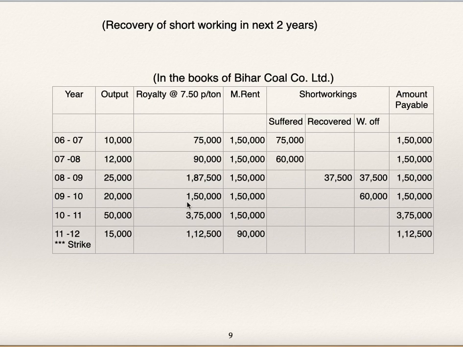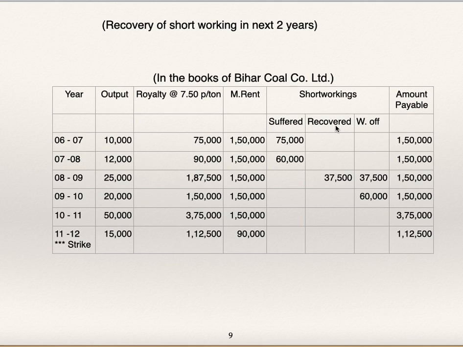Now 9-10, royalty account debit 1,50,000, nothing in this column, to landlord 1,50,000, landlord to bank 1,50,000, and profit and loss account debit to royalty 1,50,000 to short working 60,000.